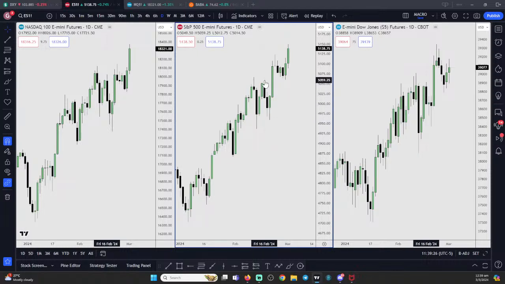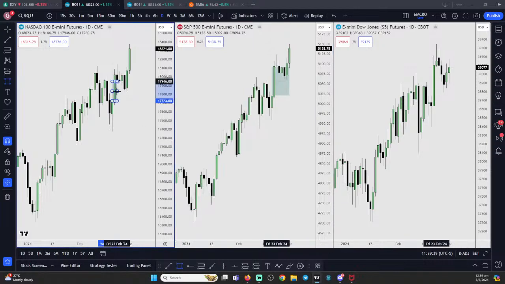right, and this swing high here came back down into this BC here, and for NQ it's this BC here, right into the CE of this BC, and then traded up higher into all-time highs.